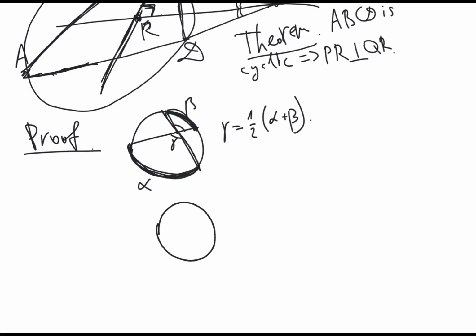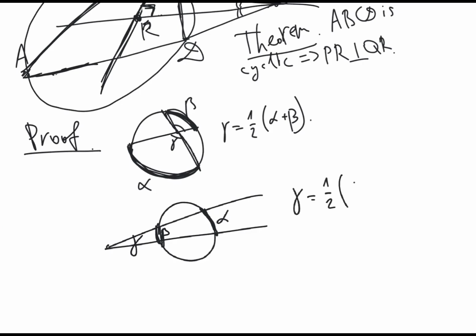So if we have an angle like this, angle gamma, and these two arcs are alpha and beta arcs in the circle, then gamma is equal to 1/2 of alpha minus beta. I made separate videos about these theorems and proved them there, but here we are going to use these two theorems.